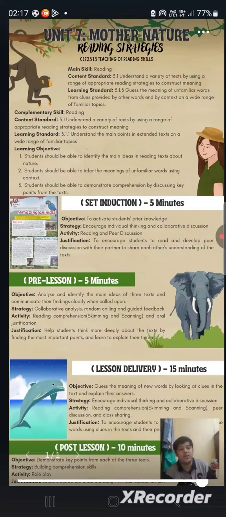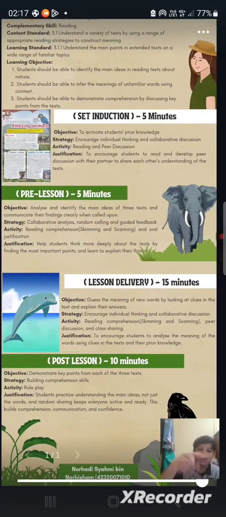So the second one is the lesson delivery, which is roughly 15 minutes. So the objective for this step is to guess the meaning of new words by looking at the clues in the text and explain the answer. Basically, in the text they have 7 highlighted advanced words. So the students need to search for the meaning of the words.